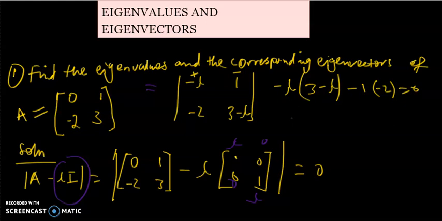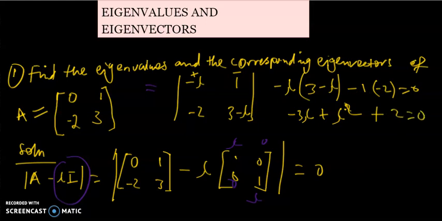If we simplify, you will simply have negative lambda by 3 will give us negative 3 lambda, plus negative lambda multiplied by negative lambda will give us a positive lambda squared, and we also have negative 1 multiplied by this, which will be positive 2, and this will be equal to 0.